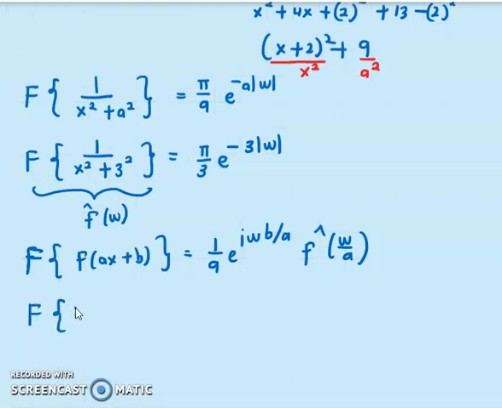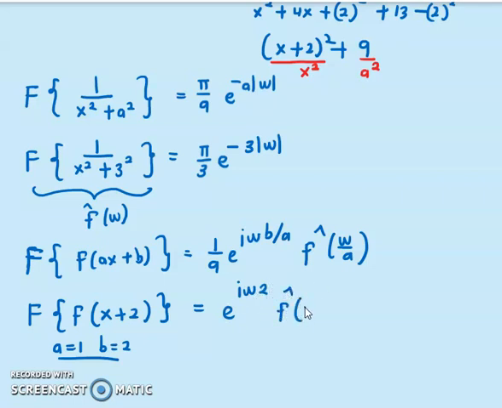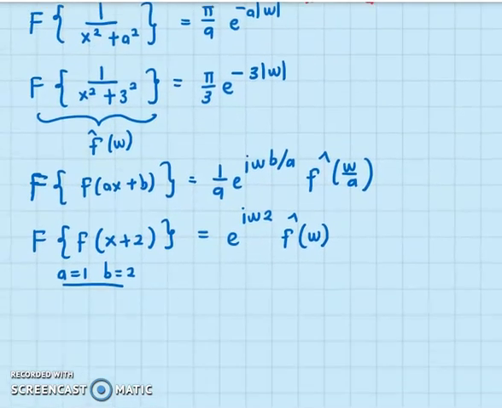So the Fourier transform of f of x plus 2, which means my a is 1 and b is 2, is given by e to the i omega 2, f hat omega. Okay, what is f hat? f hat is whatever we obtained here.